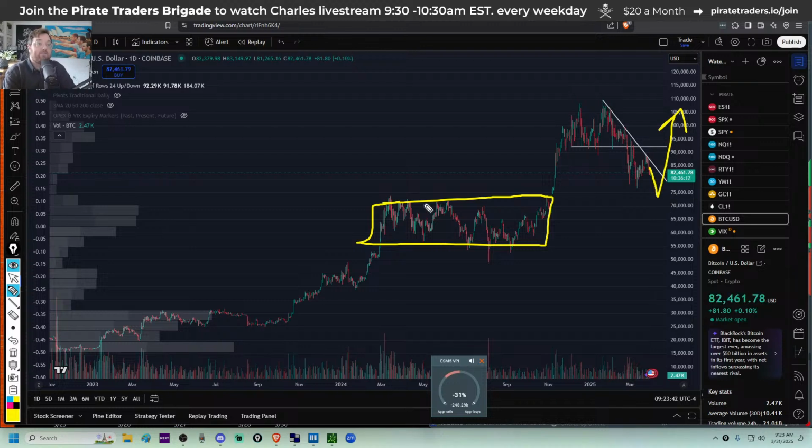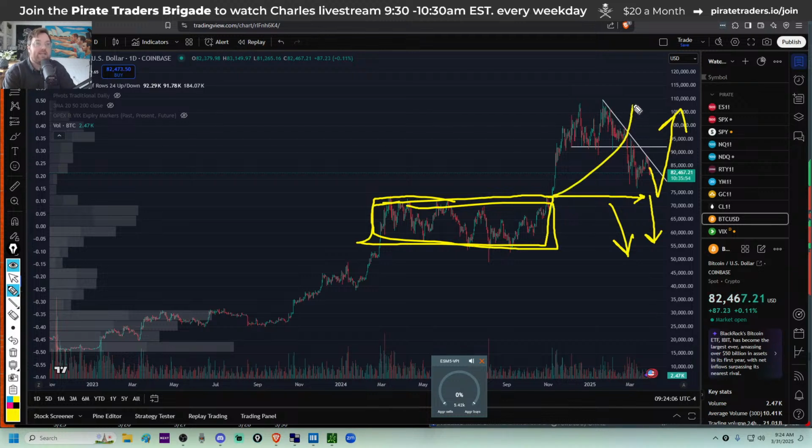If not, if you get below 72, then you start risking a move down into the upper 50s, because when you re-enter an old balance area, there's a very high probability you cross to the opposite end. And obviously we don't want that for Bitcoin. So 72 to me is the level I'm keeping an eye on. It's a great place for a bounce. It's enough of a dip that we could turn around and head to all-time highs.